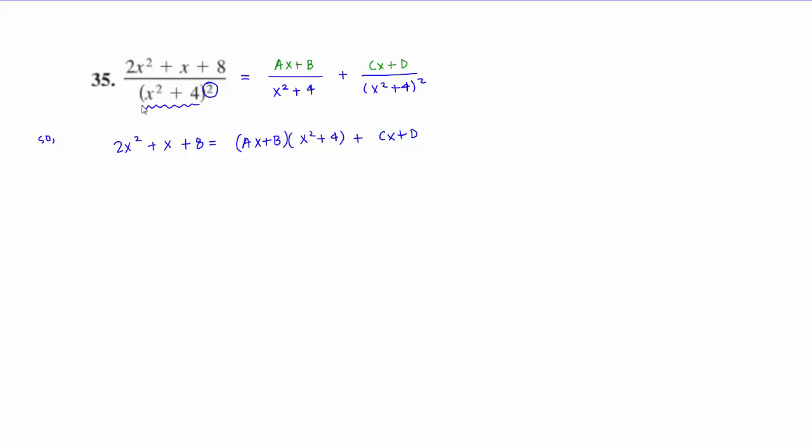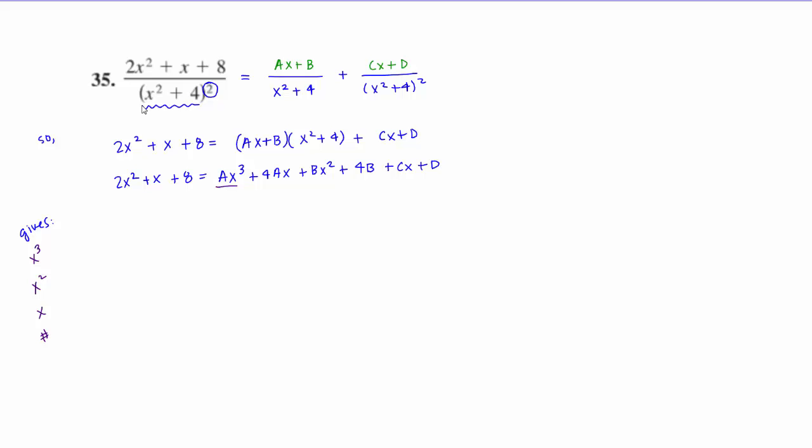This gives the equation 2x squared plus x plus 8 equals Ax cubed plus 4Ax plus Bx squared plus 4B plus Cx plus d, which gives the linear system of coefficients. We'll look at the highest power of x first, which is cubed. Then we'll need to examine x squared, the x's, and finally any constants.